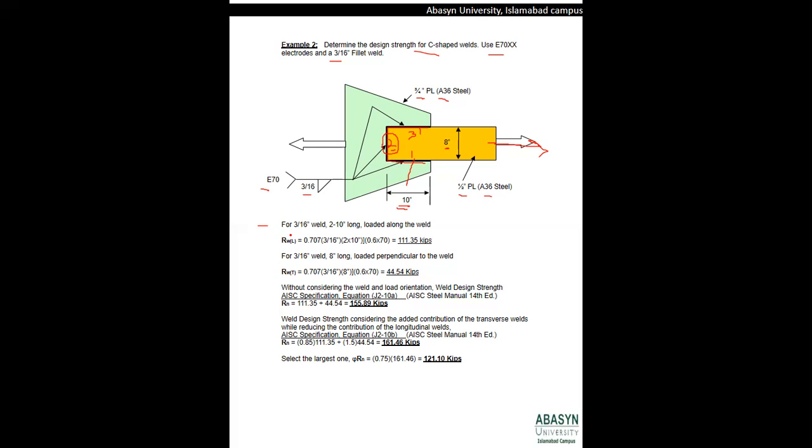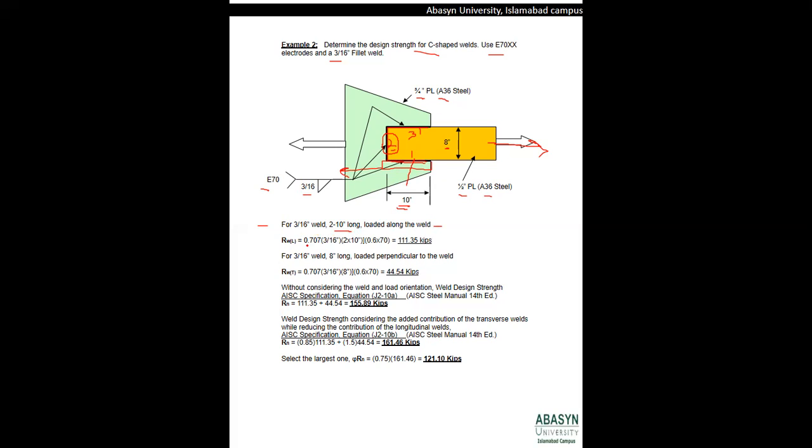First of all, let's consider the 3/16 inch welds, two welds having a length of 10 inches, which are loaded along the weld. See the direction of the load, it is basically along the weld, which is the problem A in the last example.